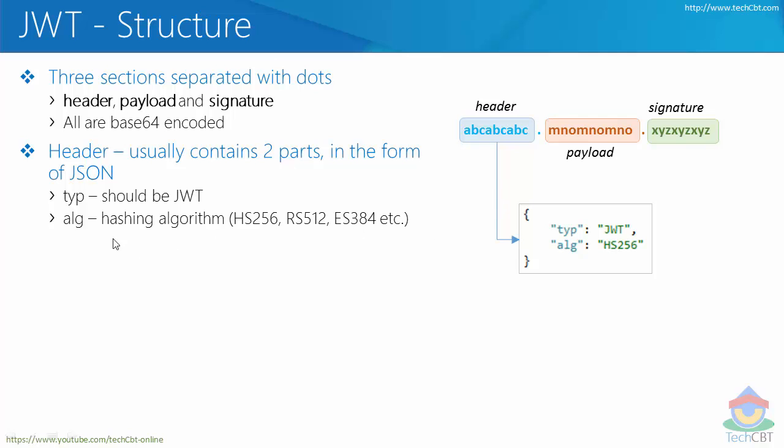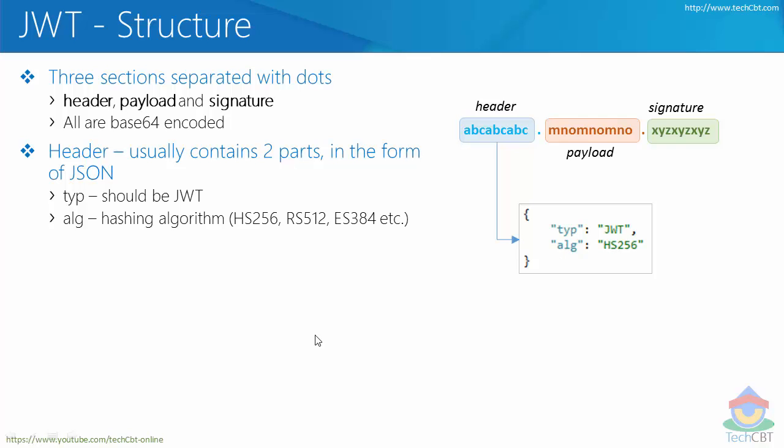So you need to define the algorithm under which this entire token is being hashed. That needs to be specified right inside the header itself using this entry called alg, which stands for hashing algorithm.